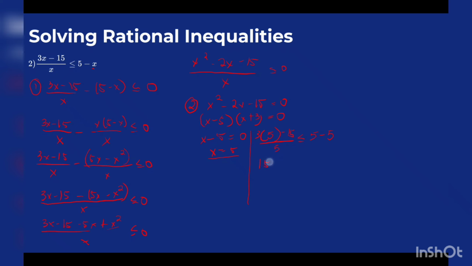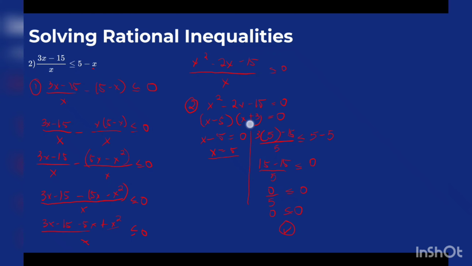So this is 15 minus 15 over 5 is less than or equal to 5 minus 5 is 0. And 15 minus 15 is 0 divided by 5 is less than or equal to 0. And you'll get 0 is less than or equal to 0. And here we have a correct inequality. So that means 5 is included in our set of solutions.